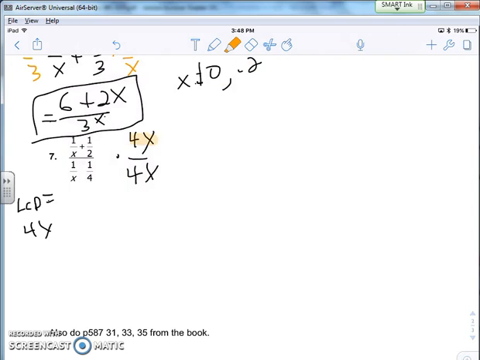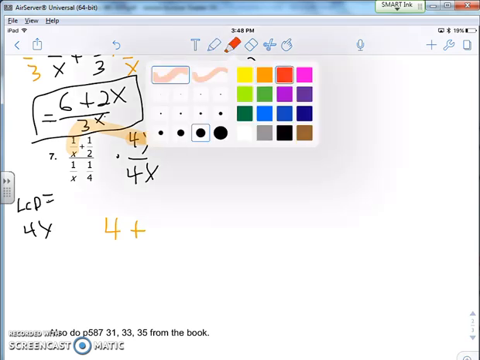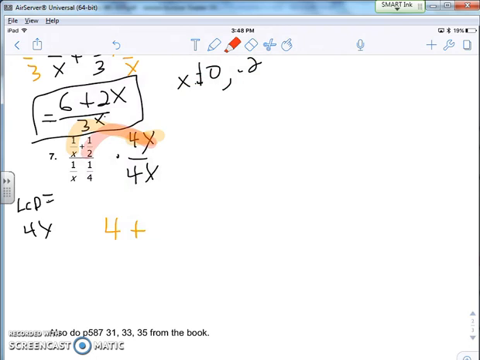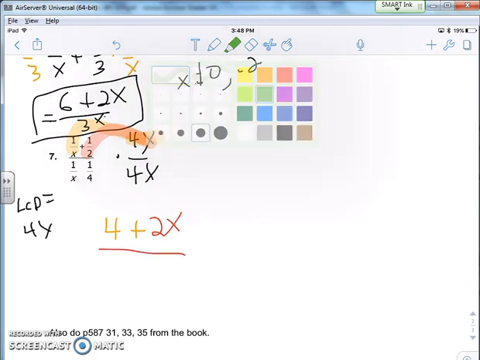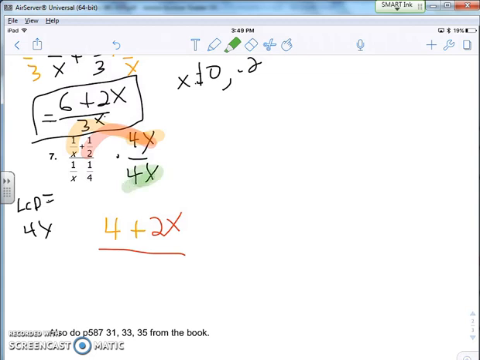So I'm going to distribute this 4x into the 1 over x, and the x's reduce out, so that would give me 4, plus, I'm going to distribute into the 1/2. 1/2 of 4x is 2x, so plus 2x, my divisor bar. I'm going to distribute the 4x into the 1 over x, that leaves us with 4.